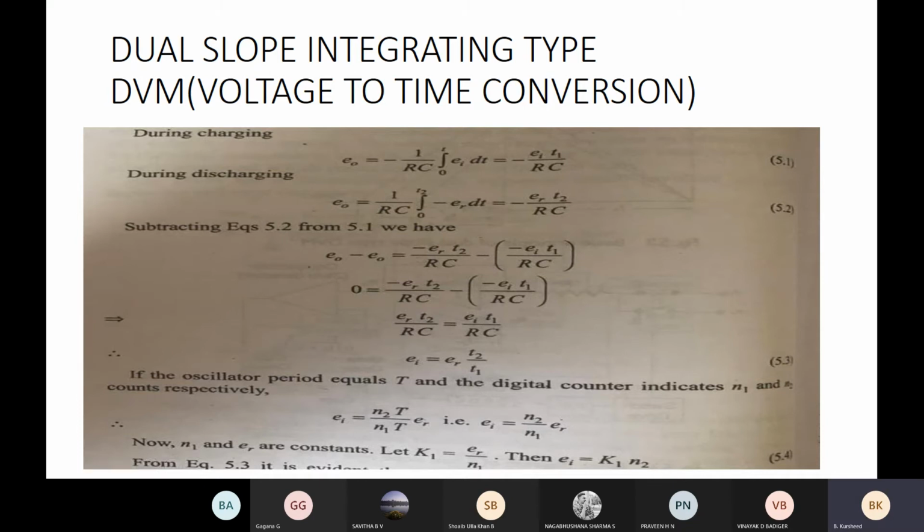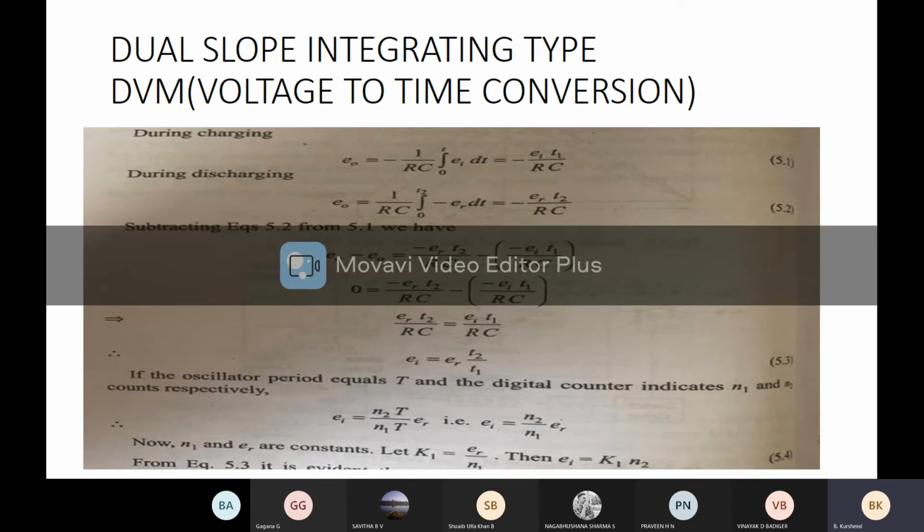For problems, there are many problems, compulsory 4-mark problems they will ask in the main exam.